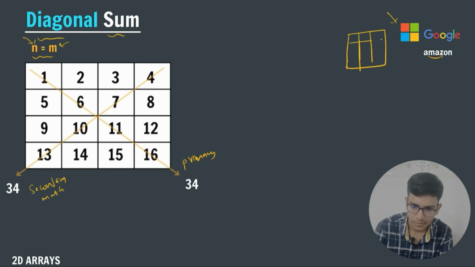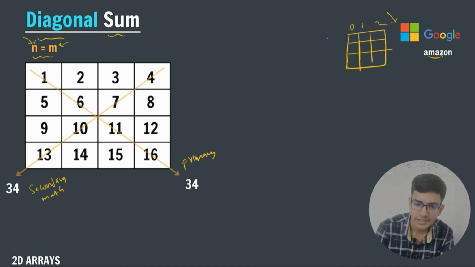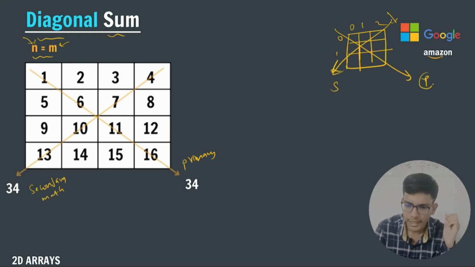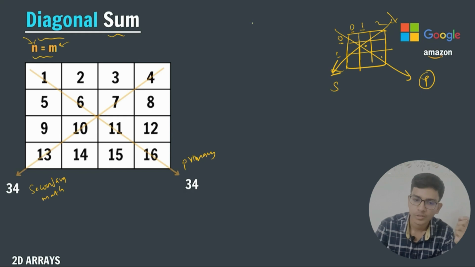This is our array, and these are the indexes 0, 1, 2, 0, 1, 2. Now this is my primary diagonal and this is my secondary diagonal. Can you observe one thing, the most important thing of this question: in the primary diagonal, the row number and the column number are the same, and in the third element too.